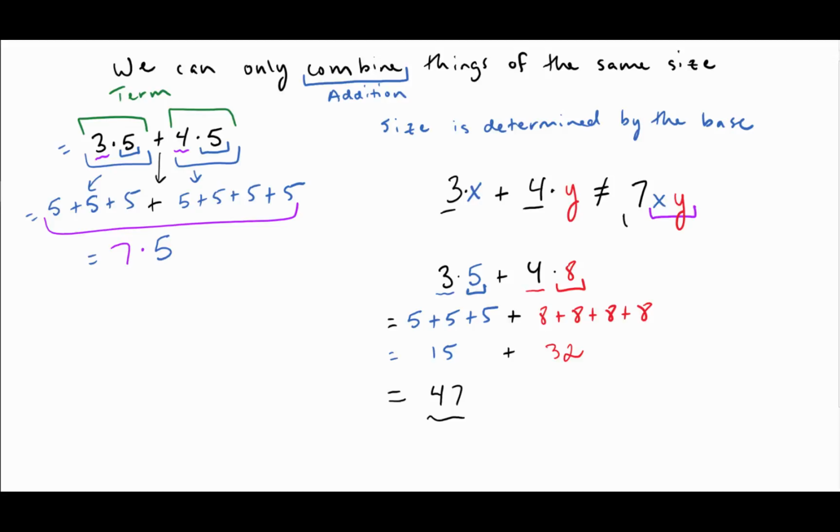Now, if I try it using this kind of false shortcut here, we would just get 7 times the value of x, which in this case I had 5 as being substituted for it, times the value of y, which in this case my second base was an 8. Now if I multiply all that out, it clearly isn't going to be 47.